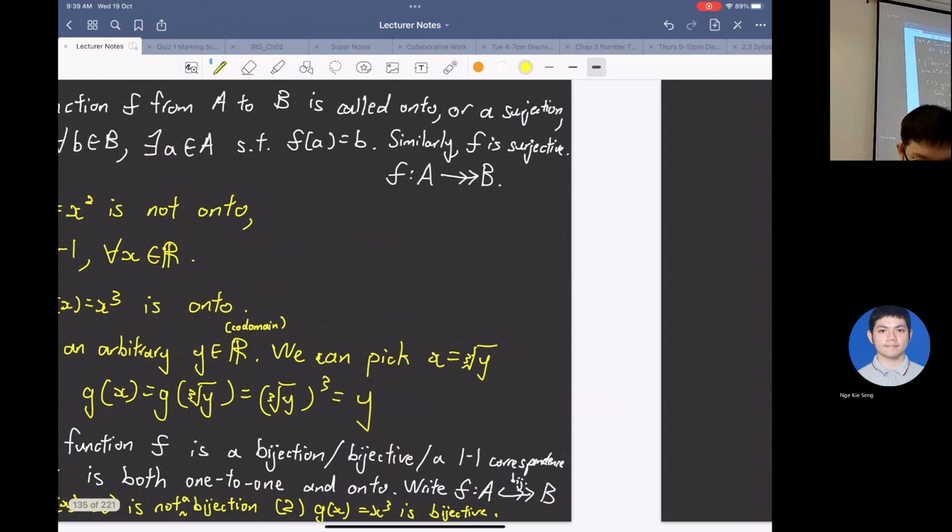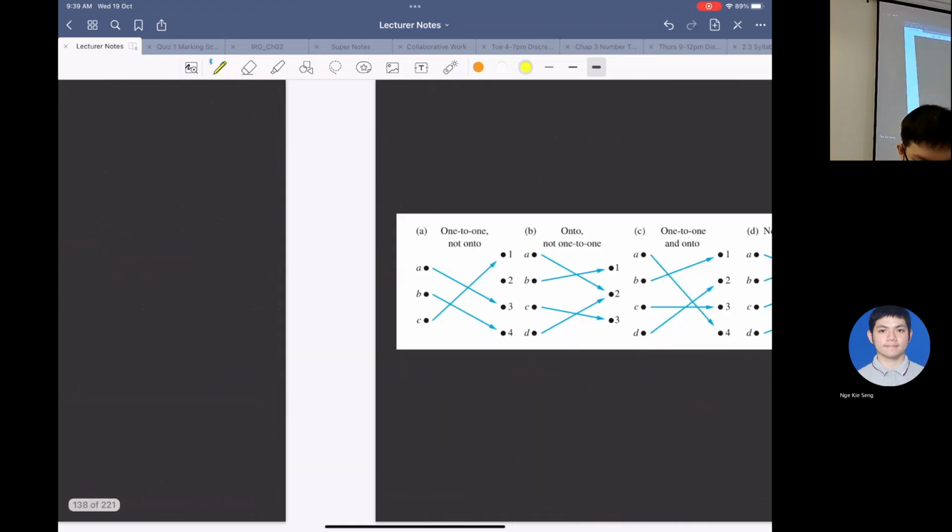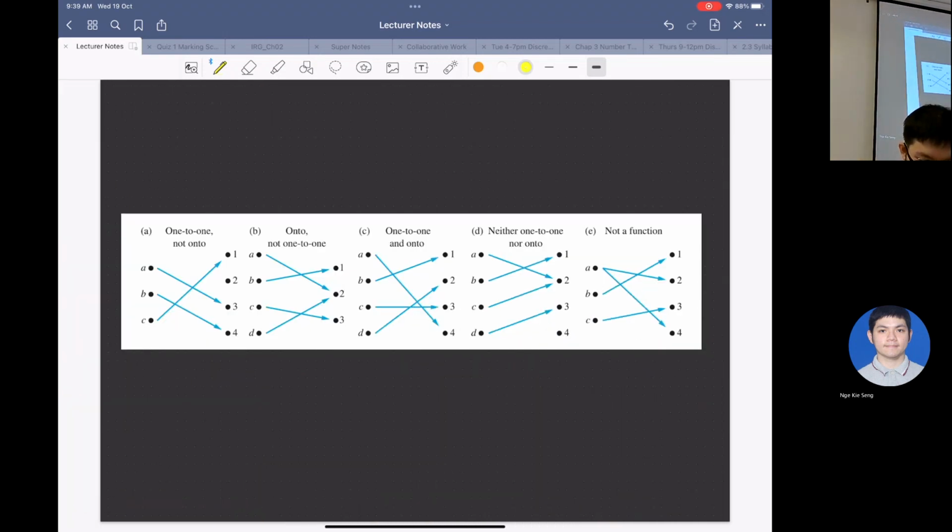So in summary, look at this picture here. We have the domain A, B, C, or A, B, C, D, and the codomain 1, 2, 3, 4, or 1, 2, 3. Why is the blue map here one-to-one?